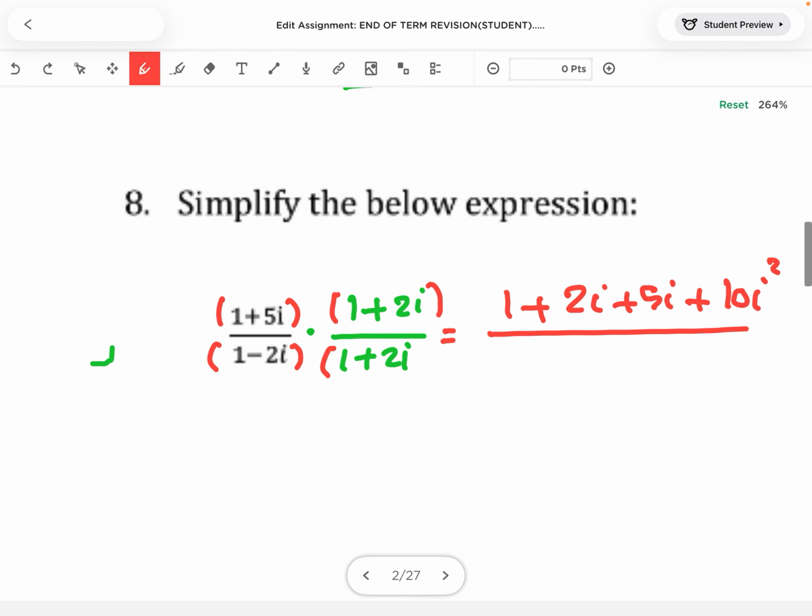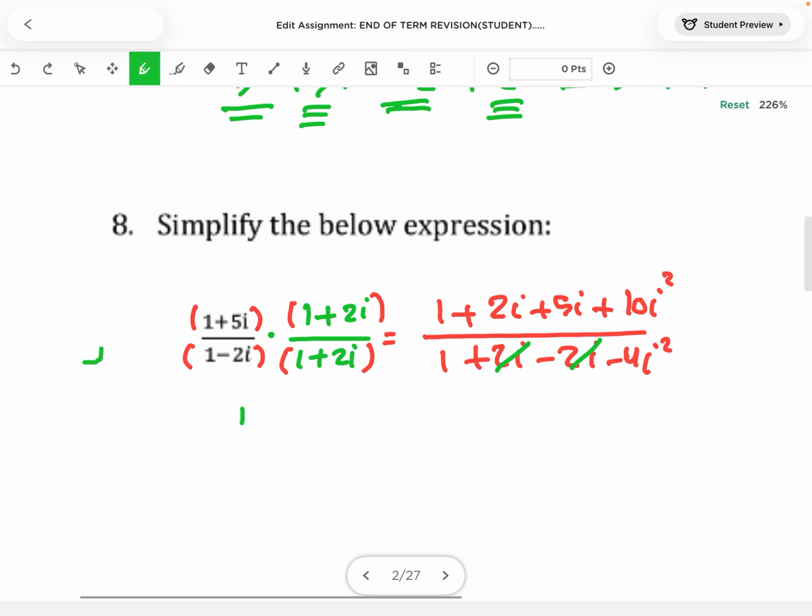Denominator, 1 times 1 is 1, plus 2i minus 2i minus 4i squared. These two are cancelled. Instead of i squared, we have negative 1.